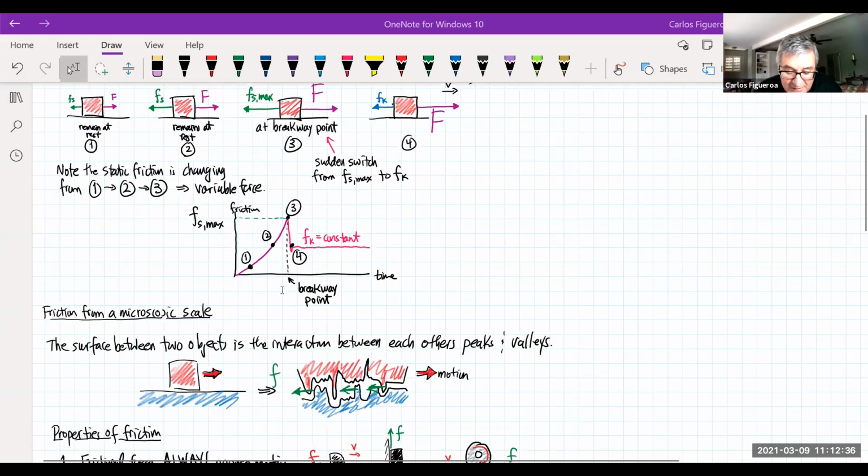So the fact is that you could see here that static friction, which is this region right in here, is a variable force. Whereas if I look at kinetic friction, you're seeing a constant force.